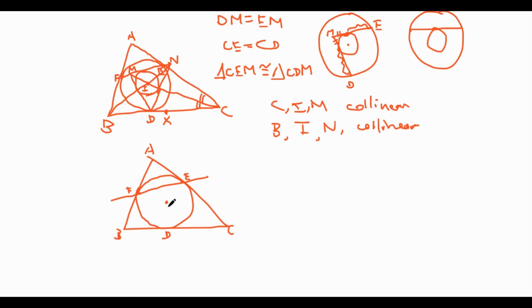And now we intersect the incenter I, CI, with it to get M. And we intersect BI to get N.